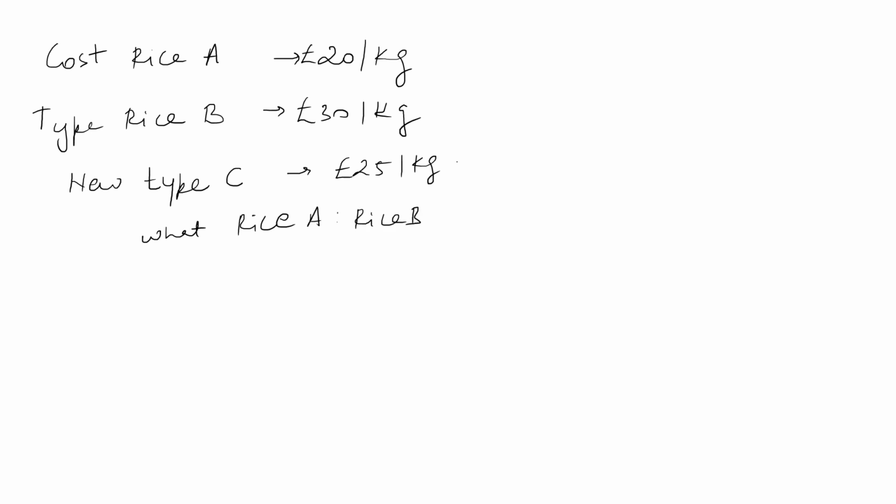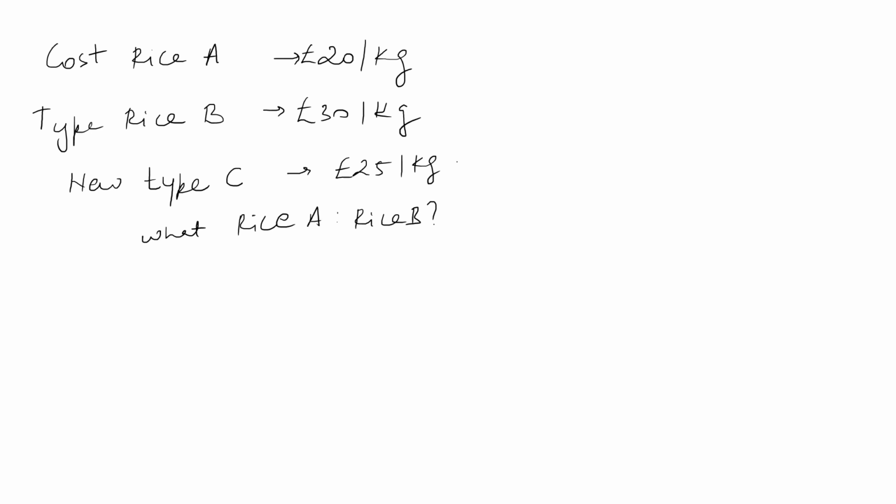So this is a very basic question where you have two types of rice, A at 20 pound per kg, B at 30 pound per kg, and you would like a new type of rice at 25 per kg. How do you solve this?